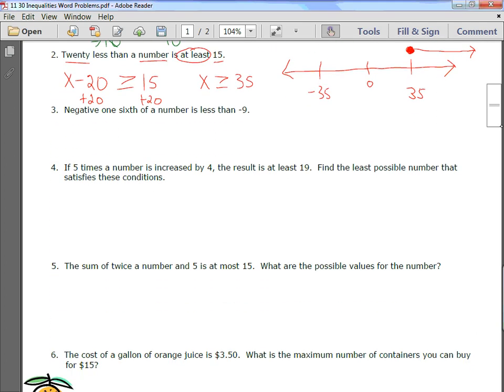Number 3, -1/6 of a number. So -1/6 x is less than -9.